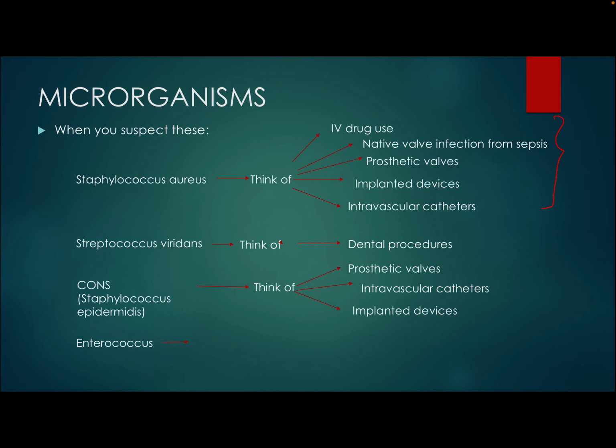Finally, Enterococcus, you have to think of UTI or any genitourinary procedures. Streptococcus gallolyticus, you have to think of the presence of colon carcinoma or inflammatory bowel disease, which is why usually a patient with a Strep gallolyticus infective endocarditis should be followed up with a colonoscopy.